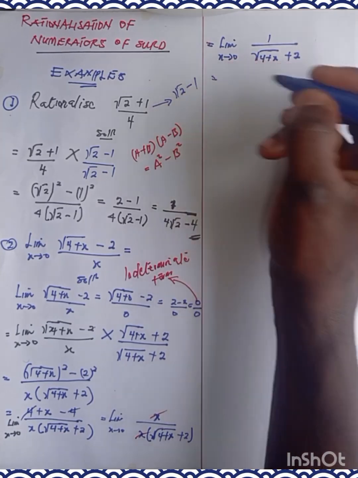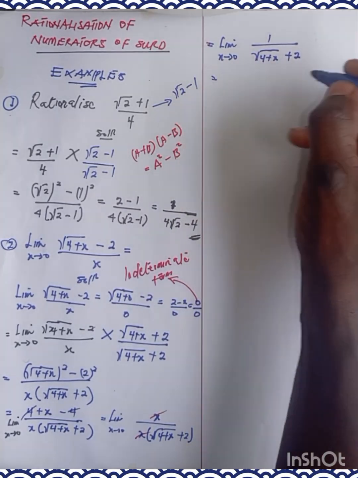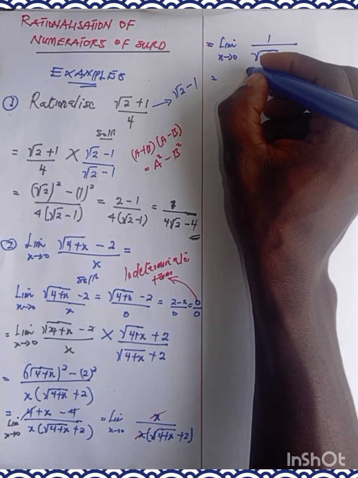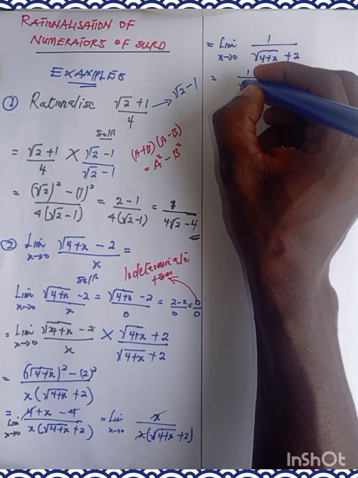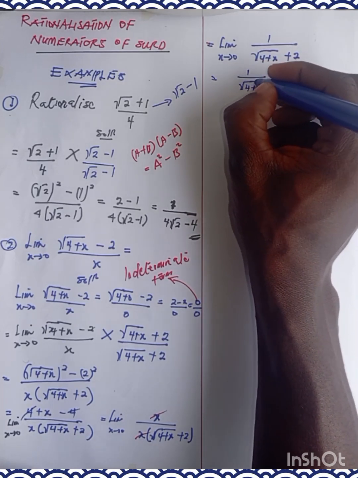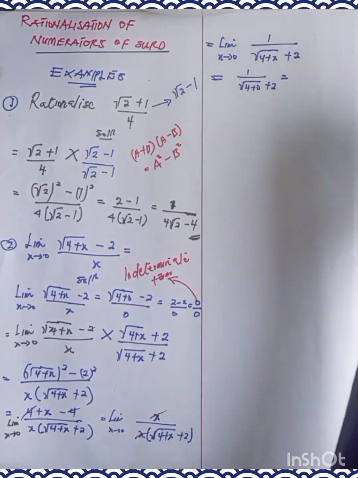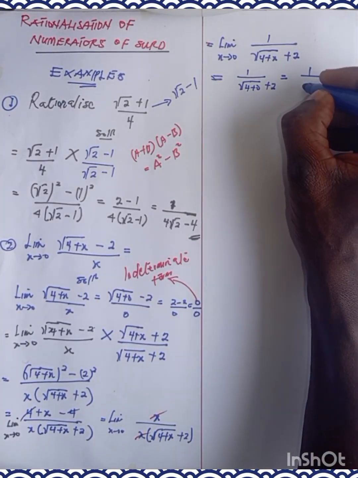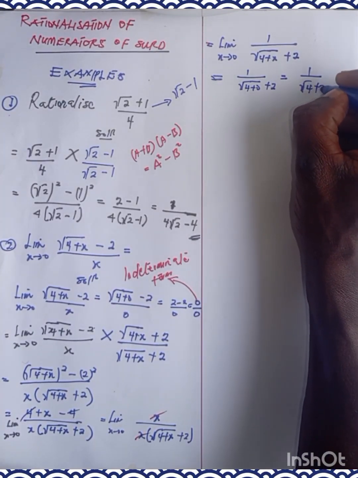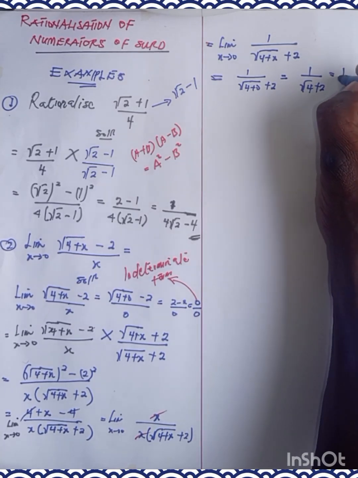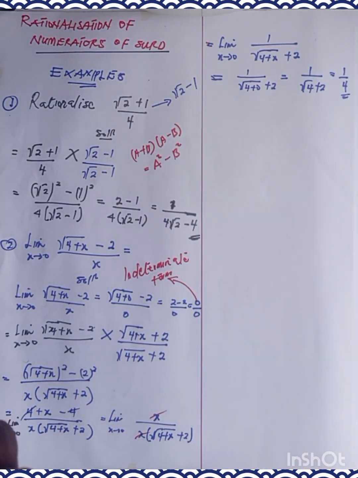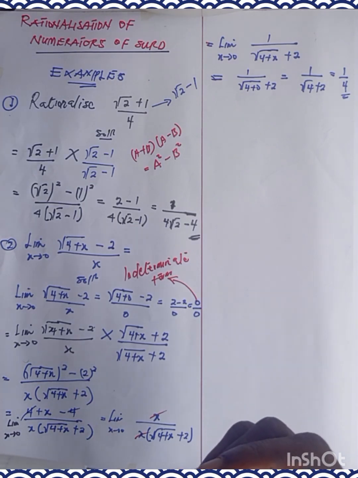So when you take the limit, you are getting 1 over root of 4 plus 0 plus 2, and this should give us 1 over root of 4 plus 2, and that is what? 1 over 4. And this is the limit of the function.